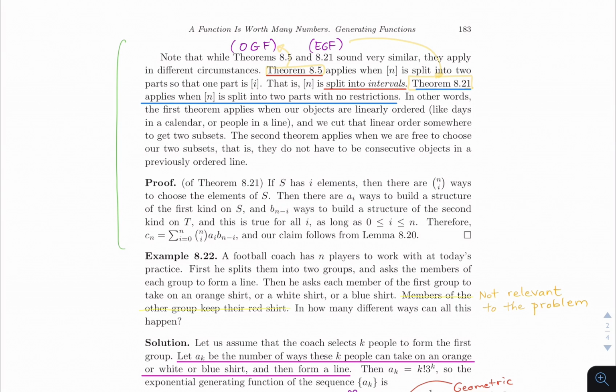And so to prove that, we can use the lemma.